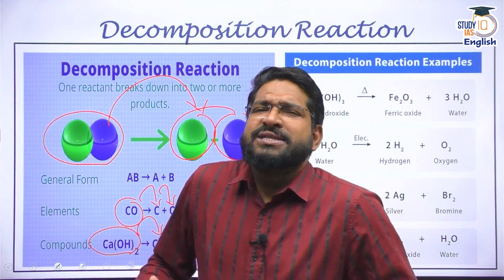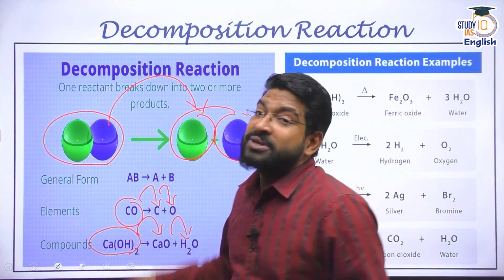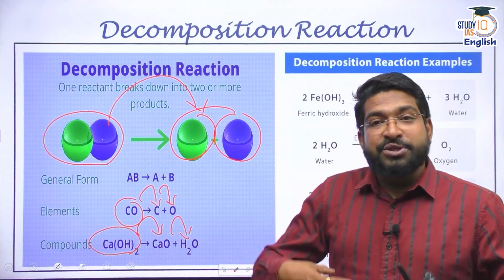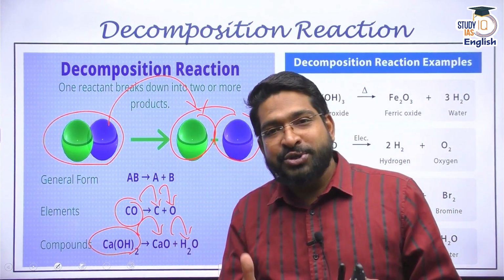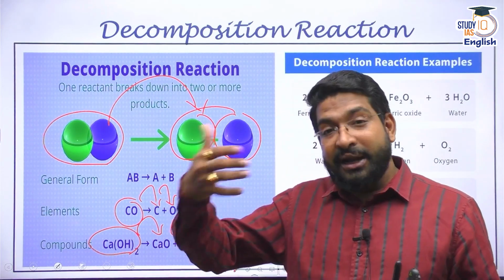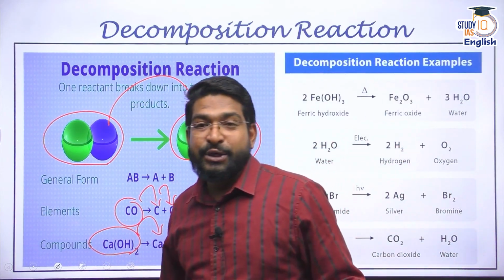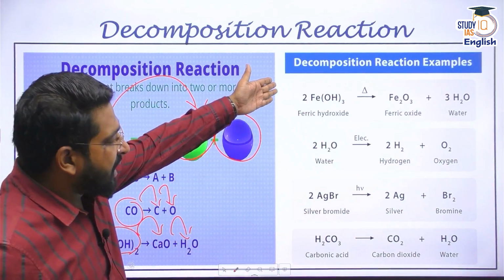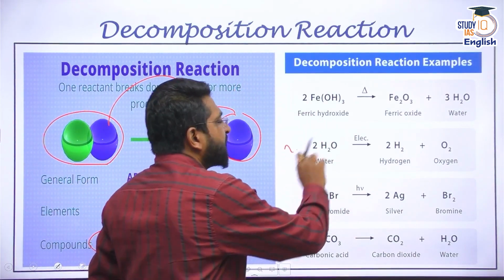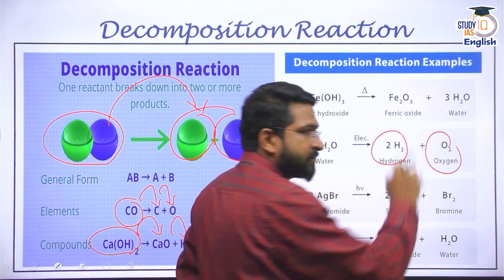For instance, the simple digestion process is a decomposition reaction itself, where the constituents are breaking down. Carbohydrates, polysaccharides breaking into monosaccharides, monosaccharides breaking ultimately into the elements. So there can be many decomposition reactions. The examples are here. A water molecule breaking into hydrogen and oxygen.